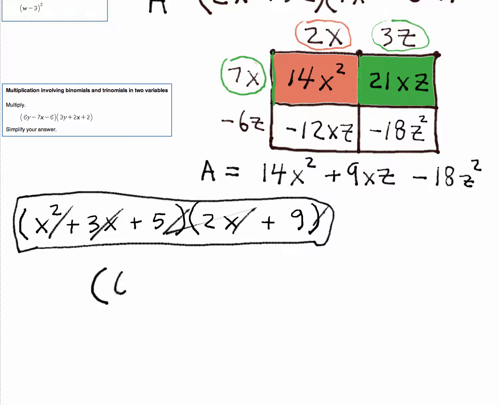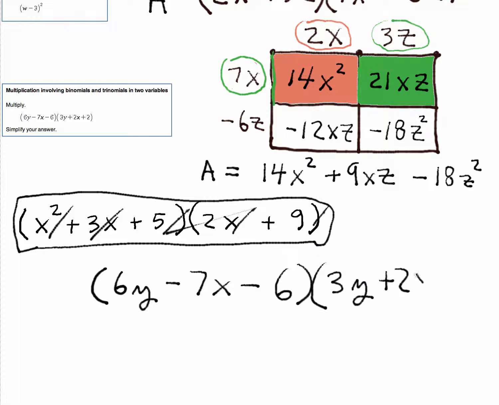We're going to take 6y minus 7x minus 6, and we're going to multiply that by 3y plus 2x plus 2. Okay.